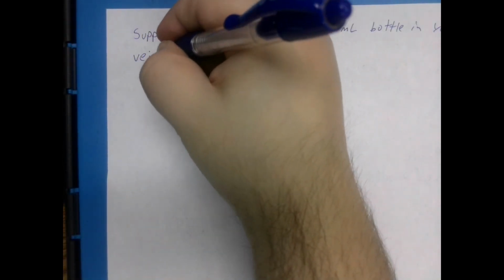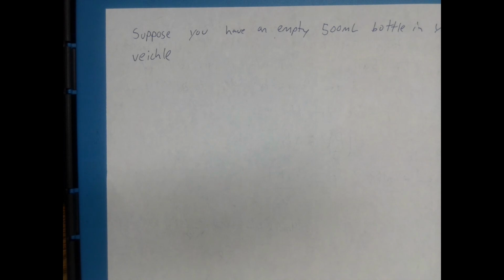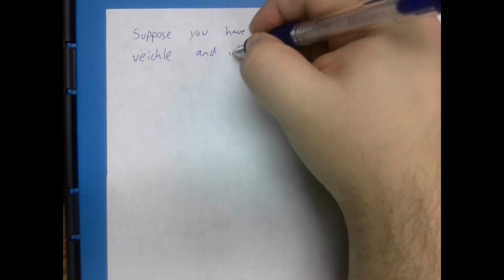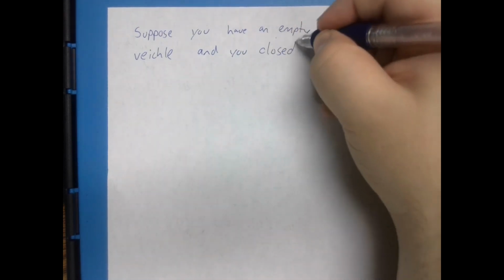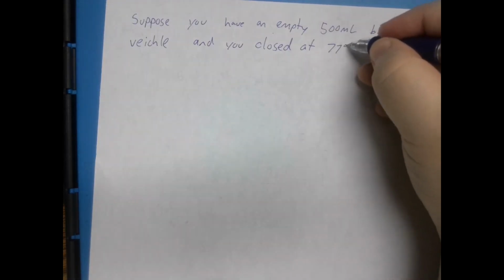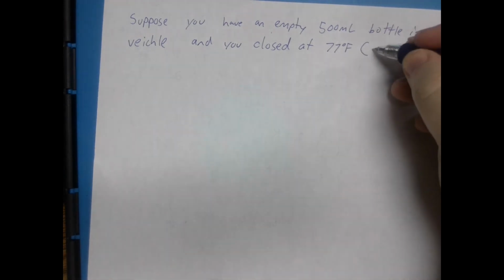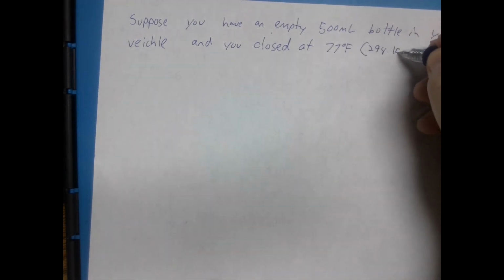Suppose you have an empty 500 milliliter bottle in your vehicle. What's a good temperature right now? 77? And you closed it at 77 degrees Fahrenheit, which is equal to 298.15 Kelvin.